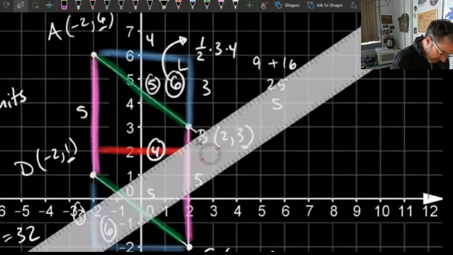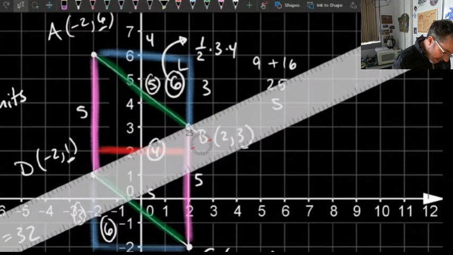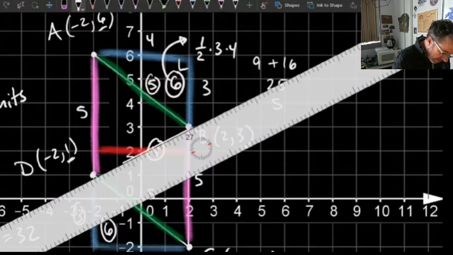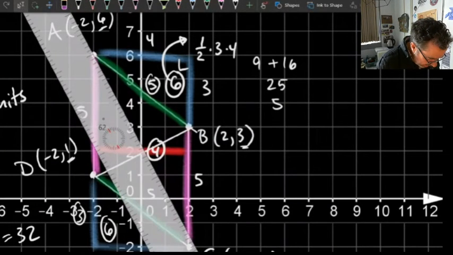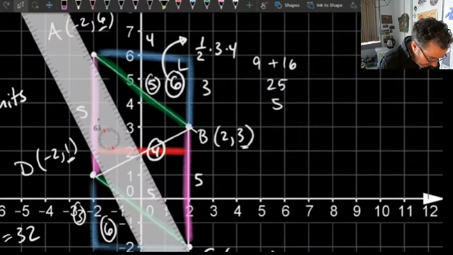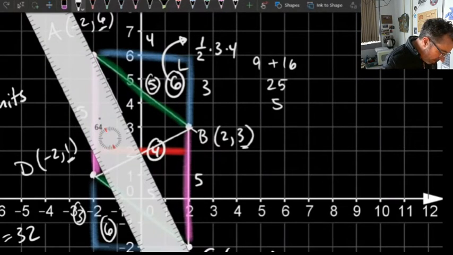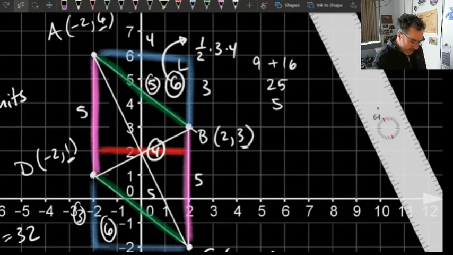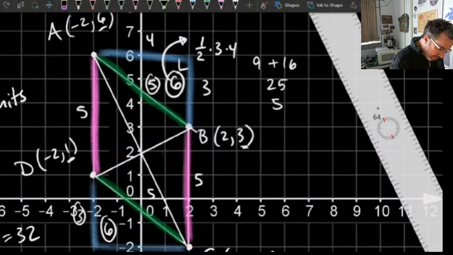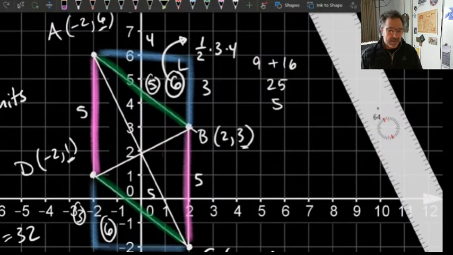These are the diagonals. I'll highlight them in white. This is a diagonal right there, and this is a diagonal right here. Okay, those are the diagonals. Let me erase some of the things that are not part of the diagonals. Okay, so those are my diagonals.